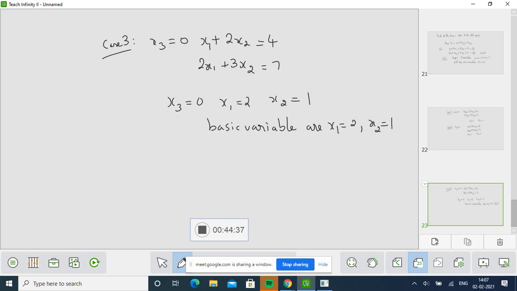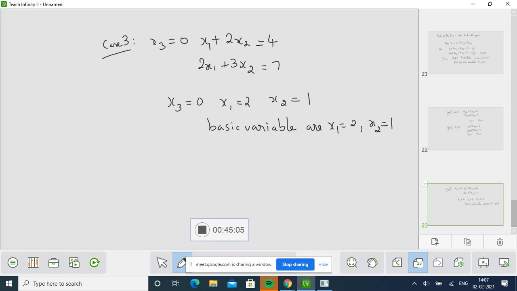Therefore, what is the solution? I put x3 is 0, I am having all other cases. The solution is feasible. Is it non-degenerate? And it is also feasible and optimal.